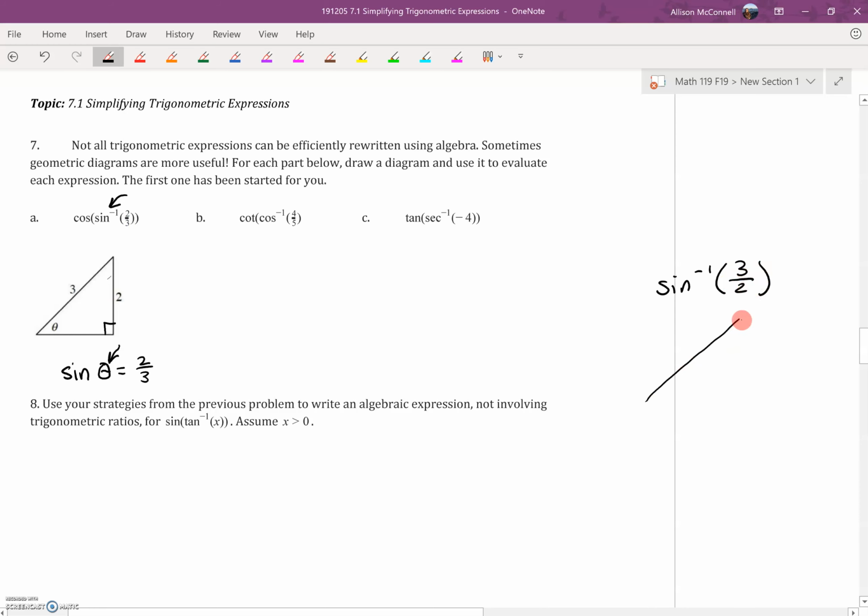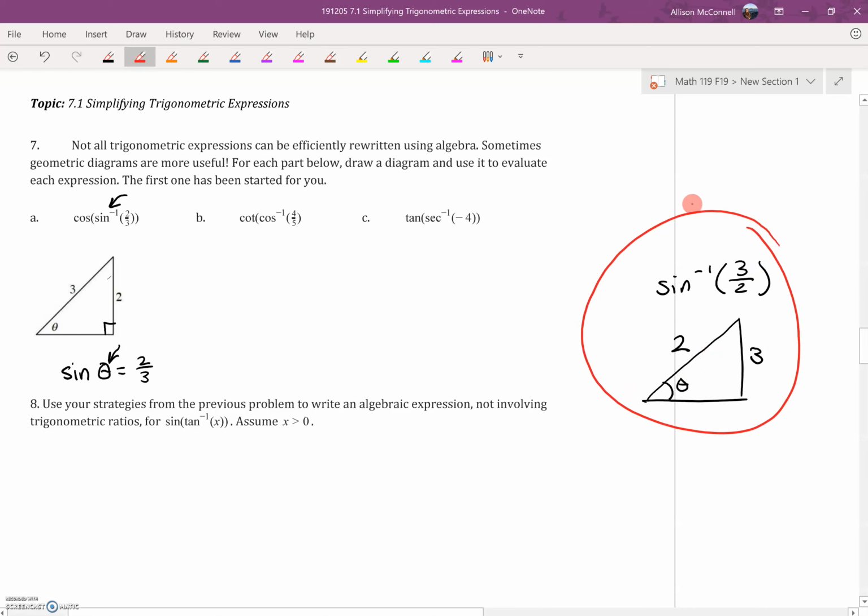And yet if you were to draw the triangle where you have some reference angle and you were to draw your opposite side 3 and your hypotenuse 2, this is not a possible triangle. Just because you drew it that way doesn't actually mean it technically exists.